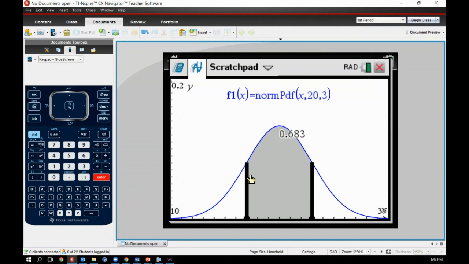Okay, we need to be in Y equals. So, next column.